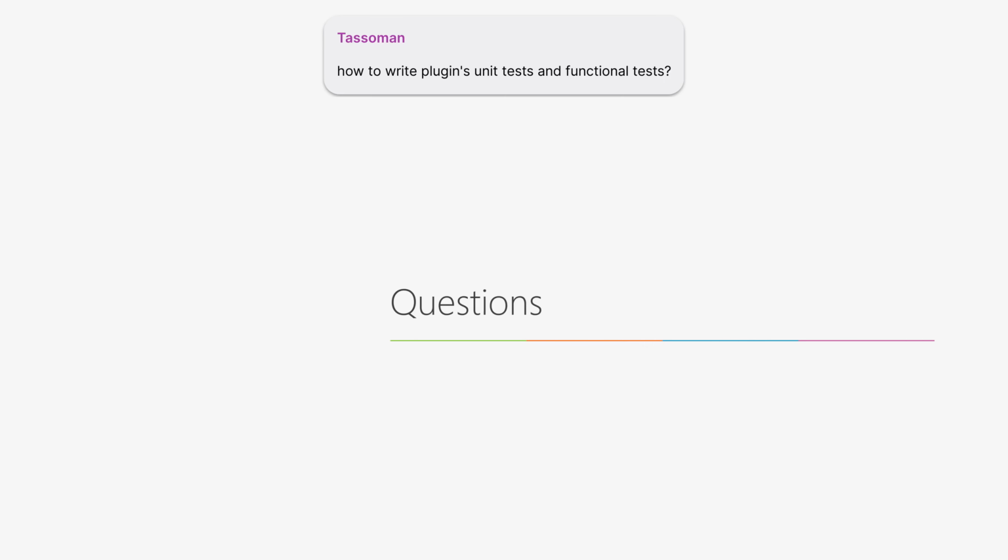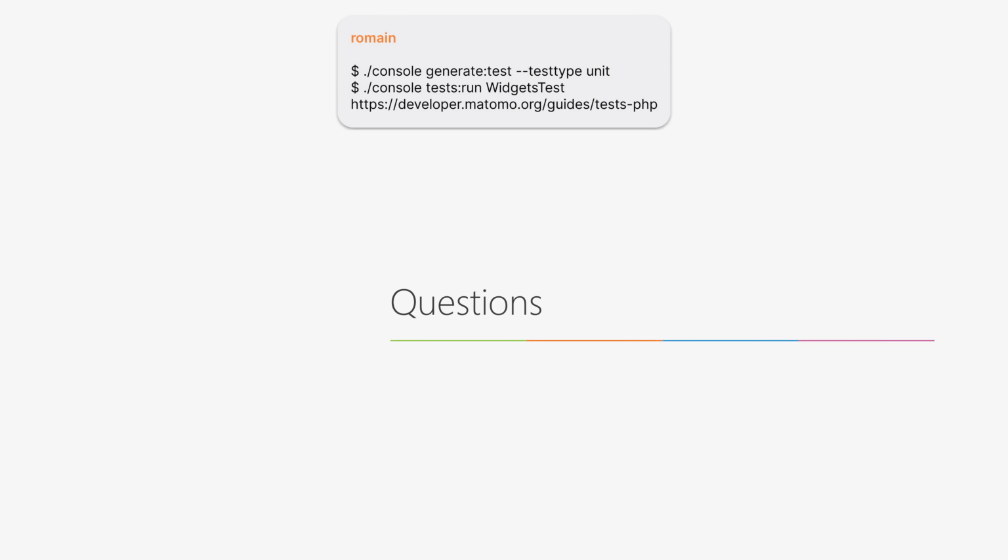And you can run these tests pretty easily with some commands that you will execute at the root of your project. So like the rest of the content in your plugin, you can use a command to generate new tests. I paste it in the chat.